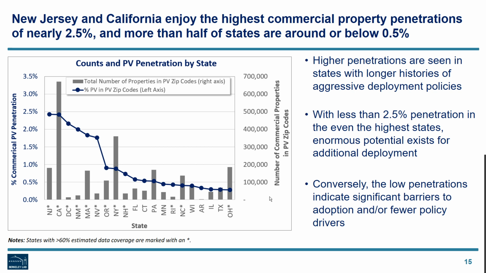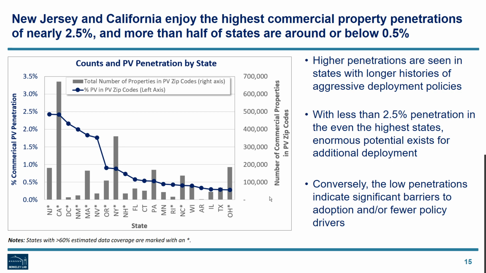So what do we see? We see higher penetration in states with longer histories of aggressive deployment policies. No surprise there. New Jersey and California have been at it for quite a long time encouraging commercial development, and we see higher penetrations for those states. The remainder of the states are at lower penetrations than that, and some might indicate significant barriers to adoption or fewer policy drivers.